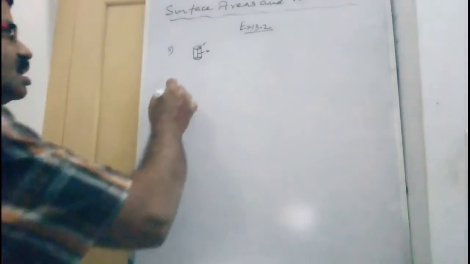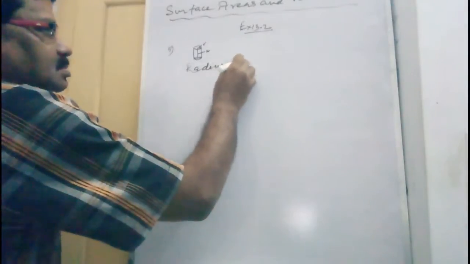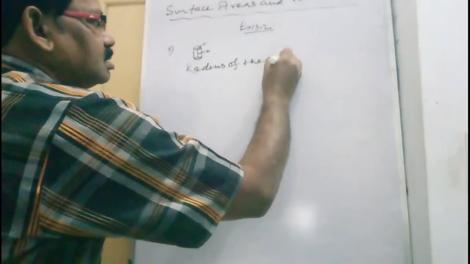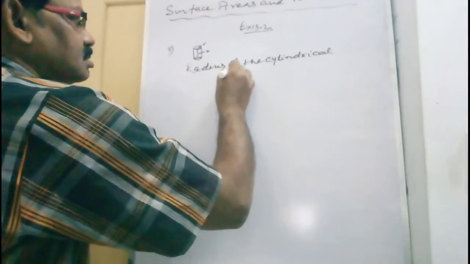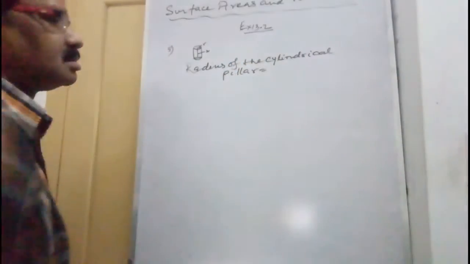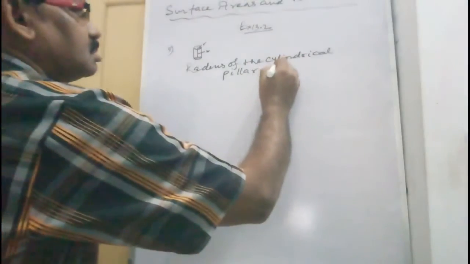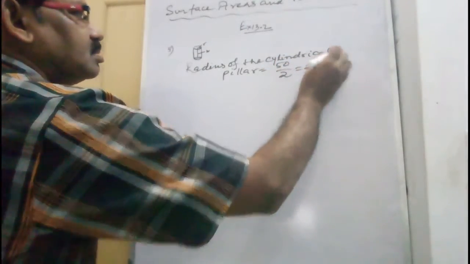Find the cost of painting the pillar at rupees 12.50 per meter square. So radius is 25 centimeter.